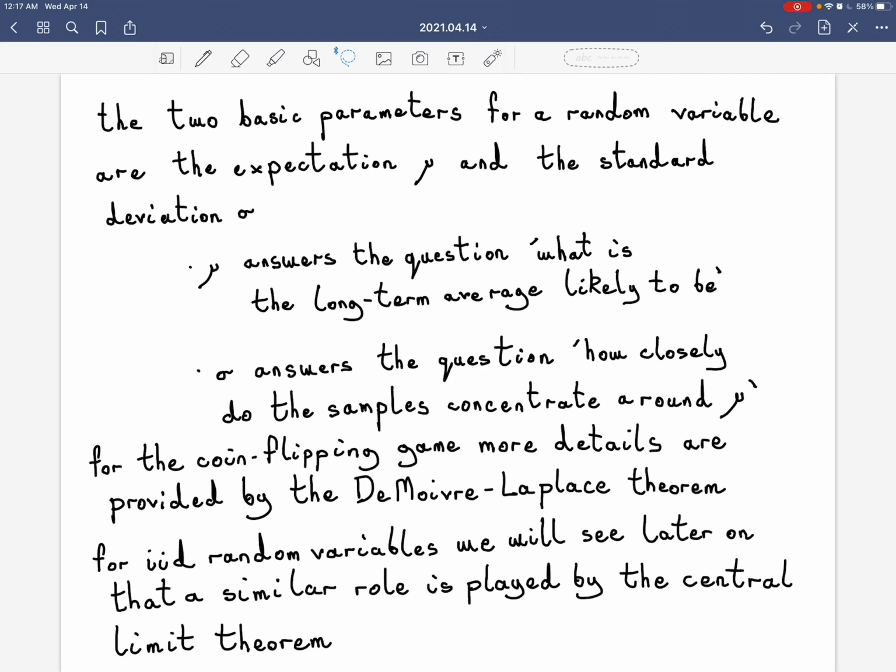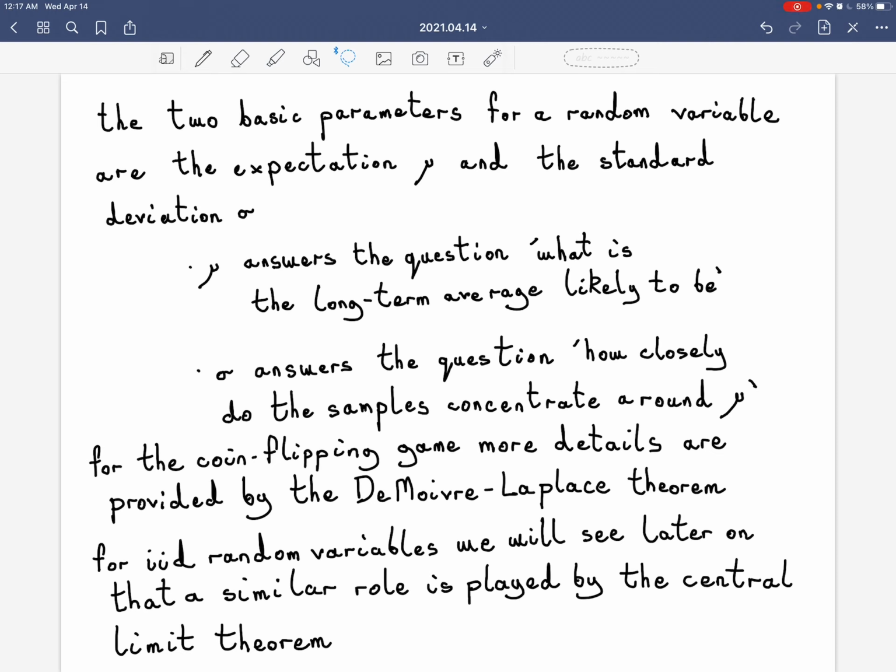And we had the de Moivre-Laplace theorem as a way of getting more information about probabilities related to mu and sigma. And later on, for independent, identically distributed random variables, we'll have this central limit theorem, which tells you basically the same thing as the de Moivre-Laplace theorem, but in a more general context.